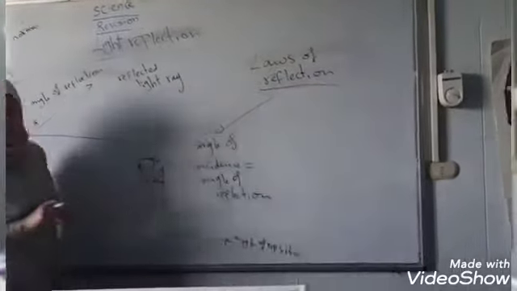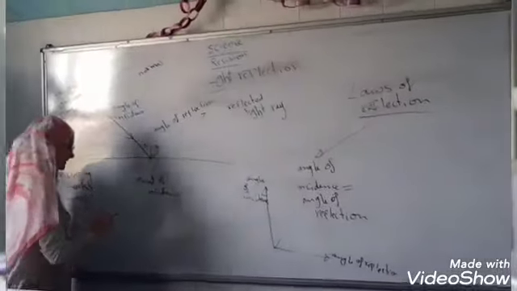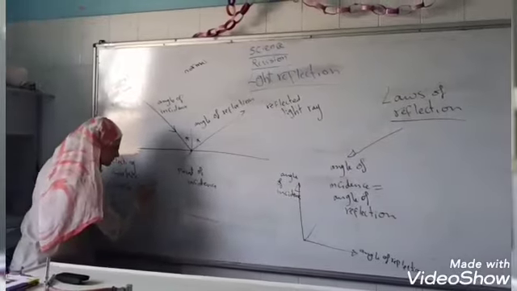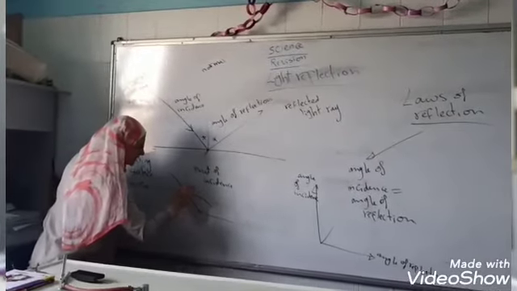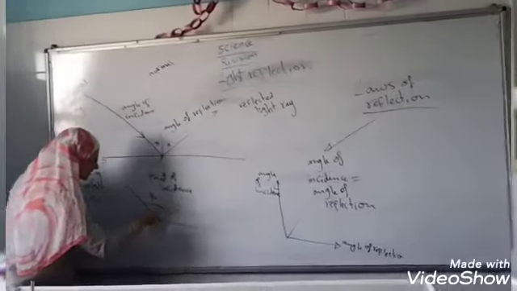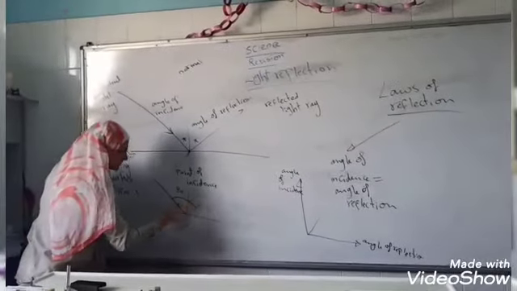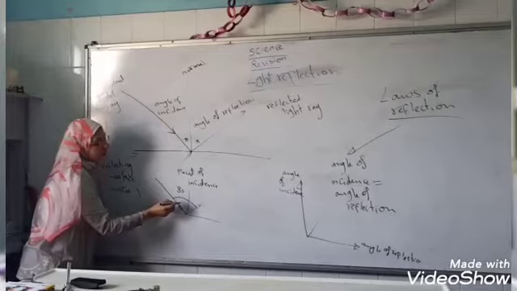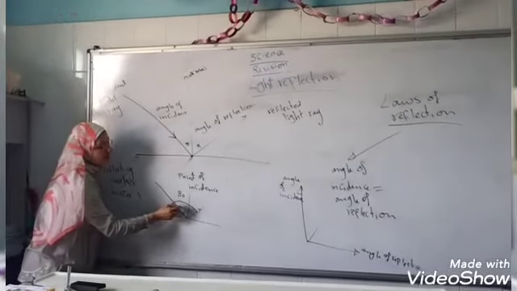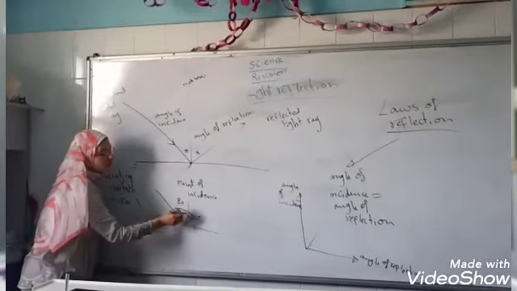The question in the exam will be like this. Suppose in this figure this angle is 80. The angle of incidence is half of it, so the angle of incidence equals 40 and the angle of reflection equals 40.